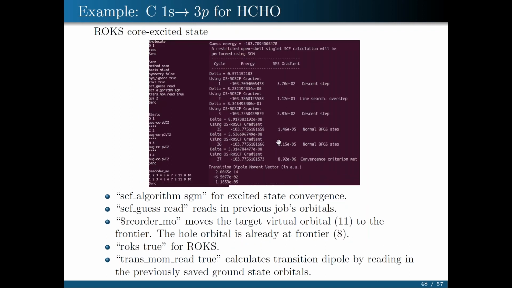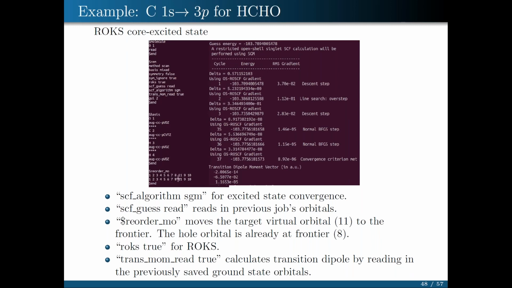Finally, we use these core ionized orbitals to compute the ROCIS core excited state corresponding to an excitation from the 1s to 3p level. Similar to before, we have SCF algorithm GDM, SCF guess read, where we are reading in the previous core ionized job's orbitals. And then we again have reorder MO. This time we don't have to move the hole because we had previously moved the second orbital to the frontier.